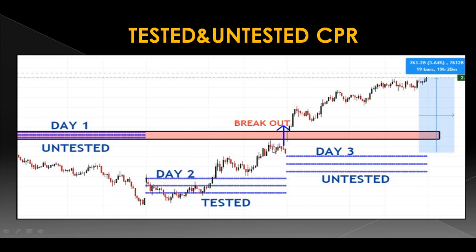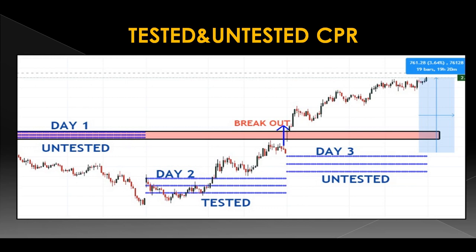At the end of the market it got tested, so it started to reverse. The very next day when the market opened, an entire full candle tested the day one untested CPR as well. The candles broke out of the untested CPR.